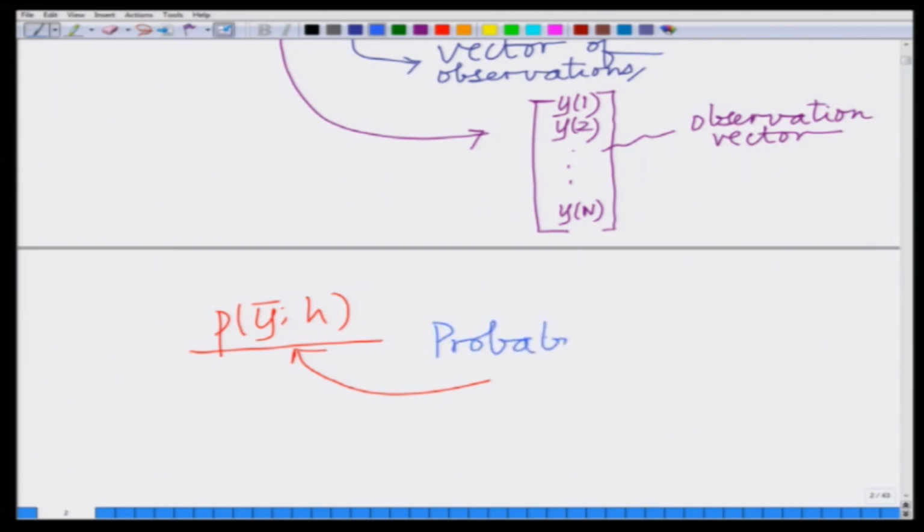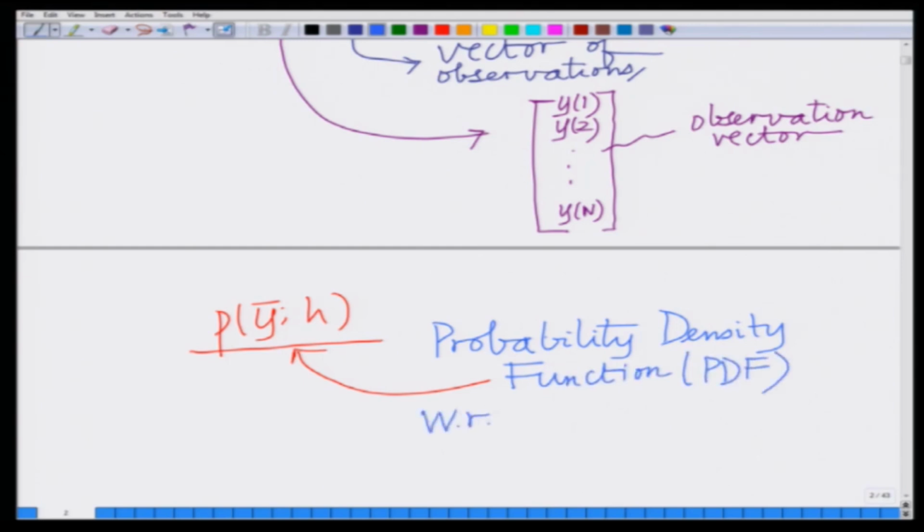And this is an important point, this is the probability density function, that is the PDF, of the observation vector y bar.